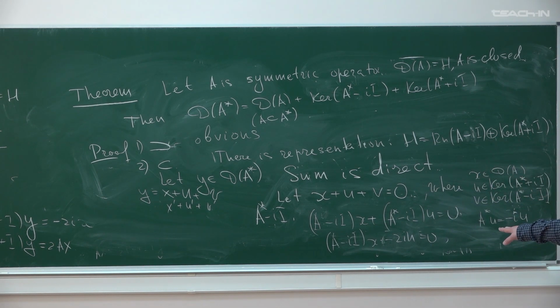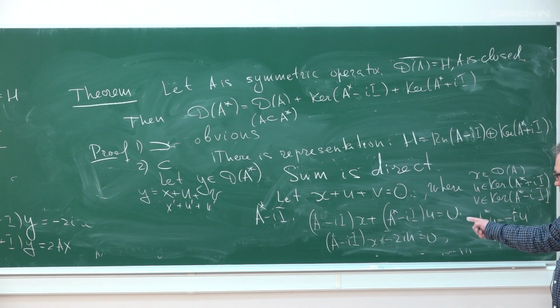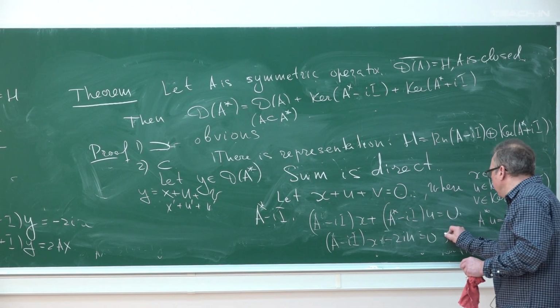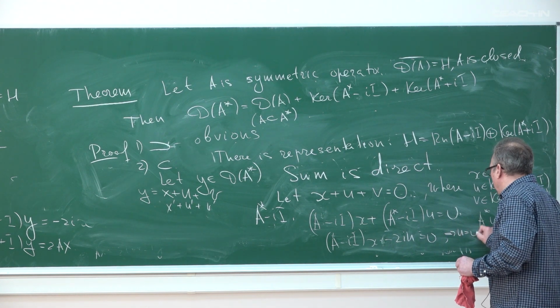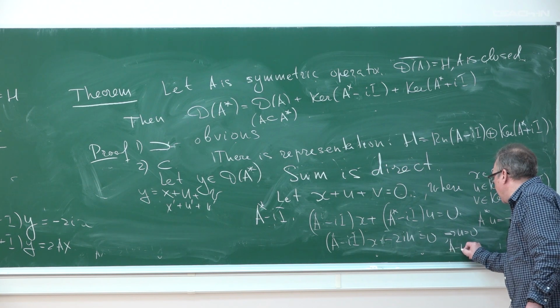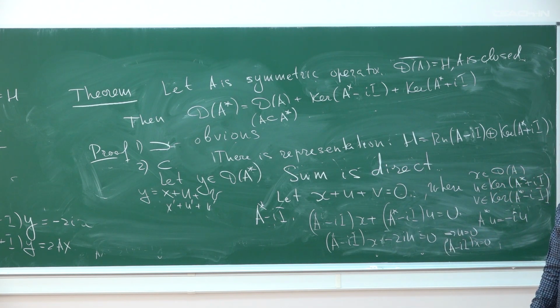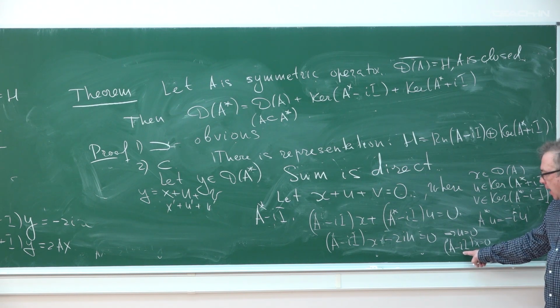So when is it possible? When all are 0. So u is 0, and (A minus iI) x equals 0. But it means that i is in the point spectrum of a symmetric operator.